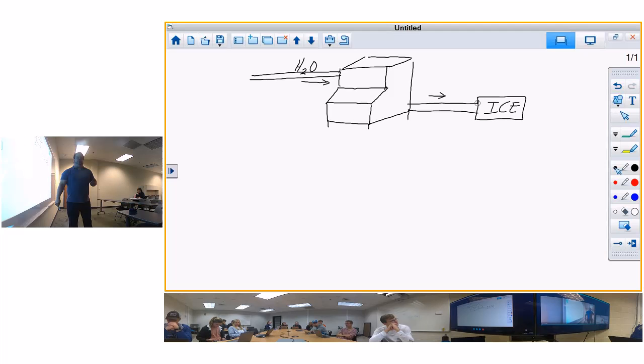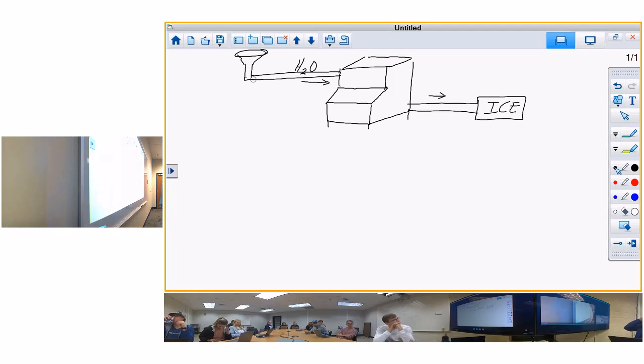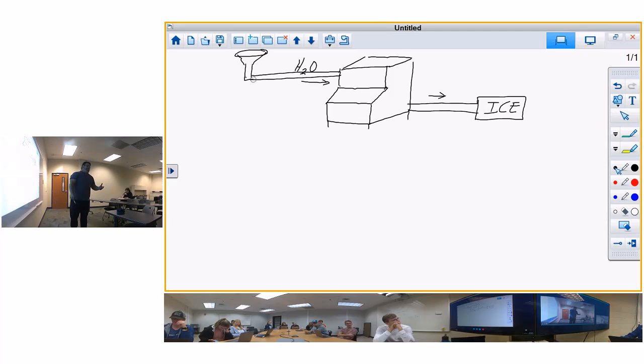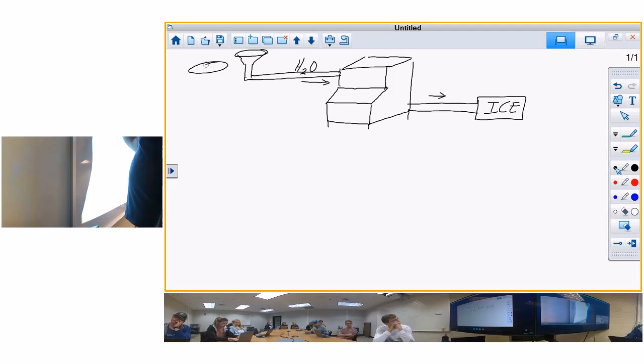Now I don't think none of y'all know what a funnel is, but if you put a funnel here, you disconnect the line, and you put a funnel there, and you put in 5 gallons of cherry Kool-Aid.